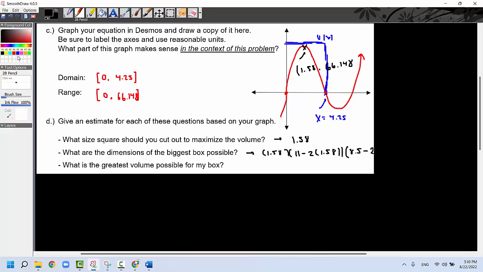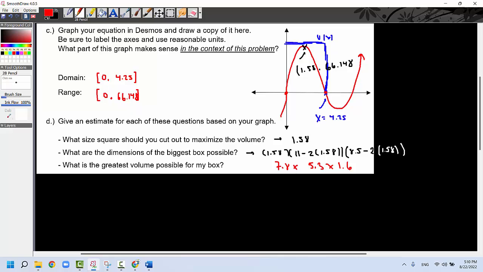I need to change colors here because I'm about to go off the screen. After you calculate this, and you will need a calculator for this portion, it ends up being 7.8 by 5.3 by 1.6.